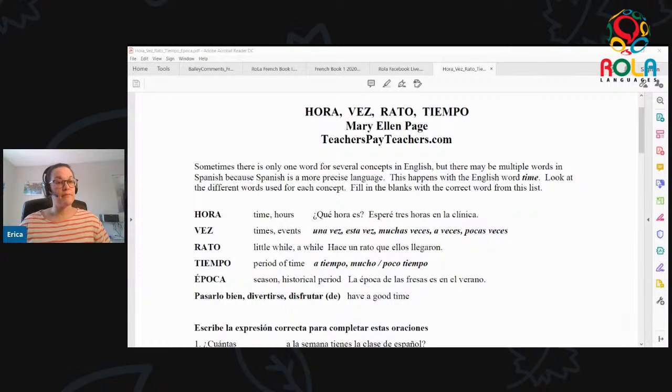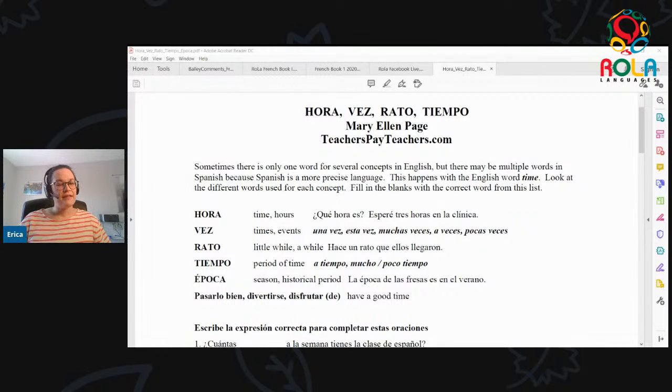And then if we want to emphasize exactly how long of a while it was, we can say un buen rato, a very common way people will say a good while, okay? Or un largo rato would be a long while. So we can add other words onto the word rato to express how long something is occurring for. But in general, rato is how we would say a while in Spanish, which is another expression of a period of time. So that's why we include it in our time words.